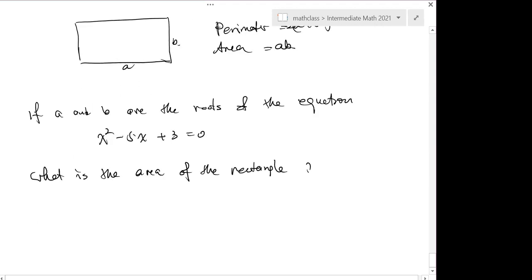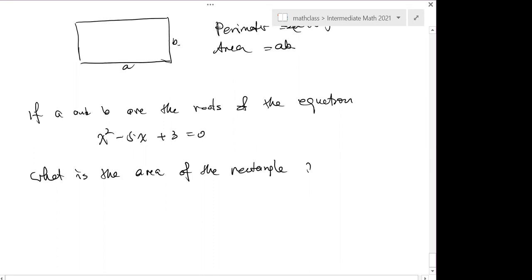This is a geometric problem related to a quadratic equation, right? Have you learned how to solve a quadratic equation? I'm going to talk about quadratic equations a little bit today, but I wanted you to try.